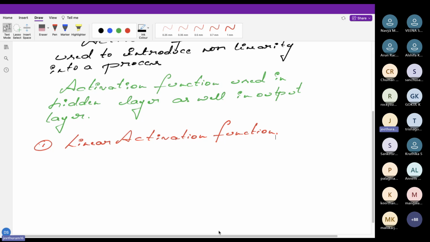Linear in the sense of a linear equation expression. It's just a straight line passing through the origin.